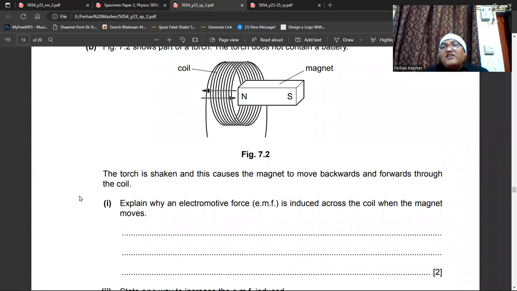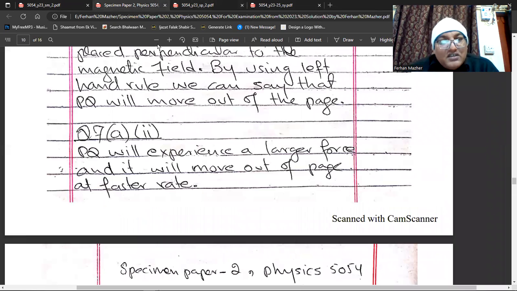You see, when this magnet moves relative to the coil, the magnetic flux passing through the coil changes. Due to this changing magnetic flux, EMF will be induced in the coil. This is called electromagnetic induction.